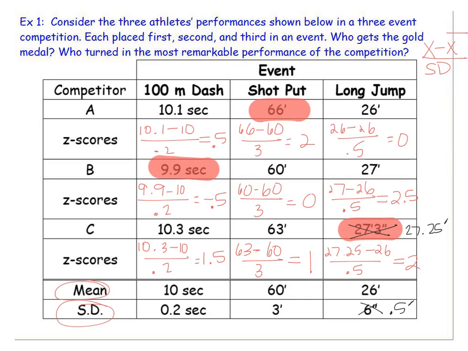But if we add it with the other numbers, it's not being treated like a good thing. So what we're going to do is take the shot put and the long jump and add those two together. Then we're going to subtract the 100-meter dash because that one lower is better.